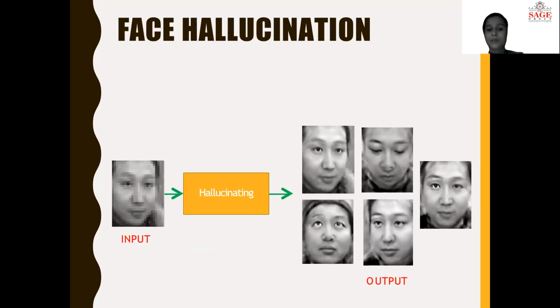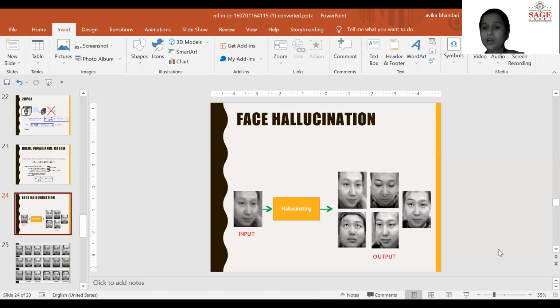Suppose we have one input image, and we have so many images related to that input image. How can we perform some clustering and classification technique? We can use some features on which we can apply mapping and matching.